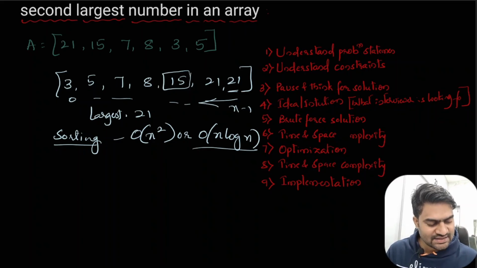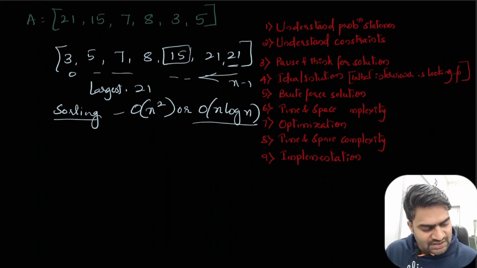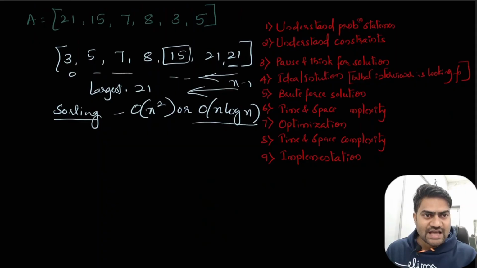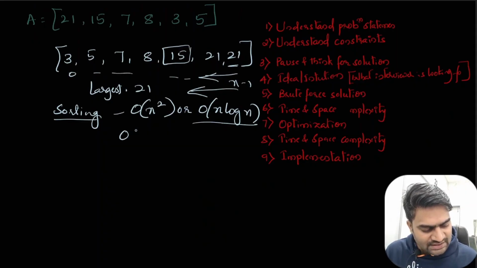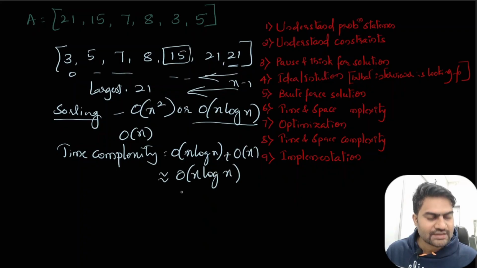Then we have to iterate from last towards first, which will be of order n. So the total time complexity for this method would be order n log n plus order n, which is somewhere close to order n log n. Correct, right? So this is the extreme naive way.